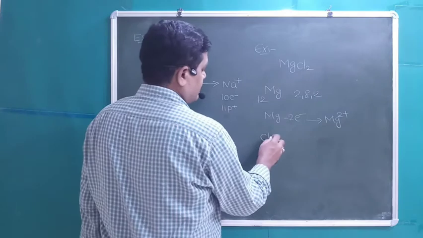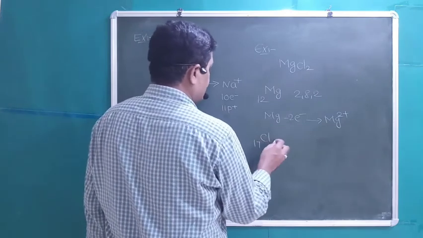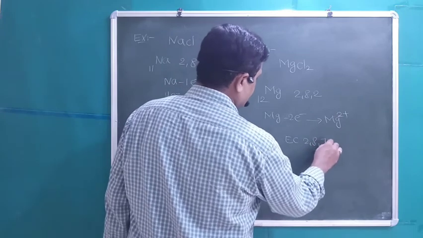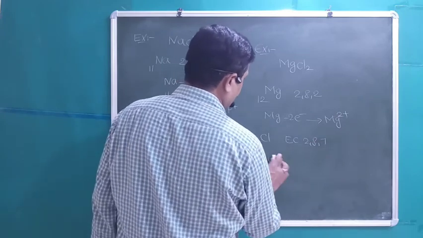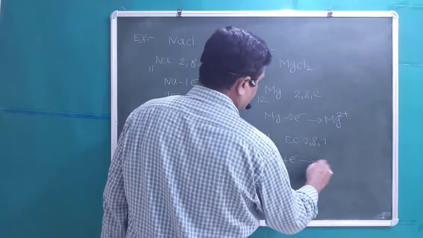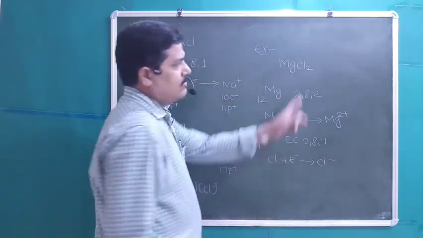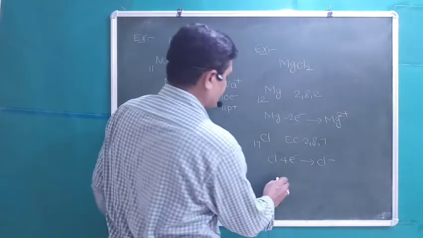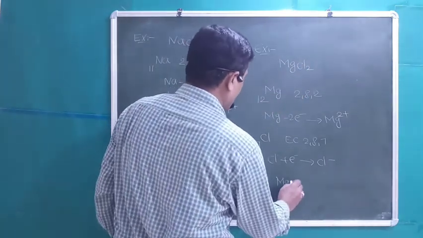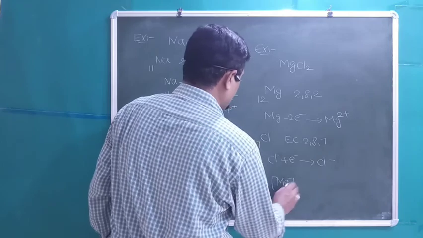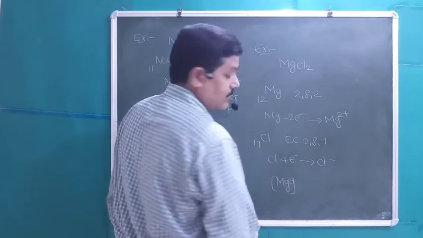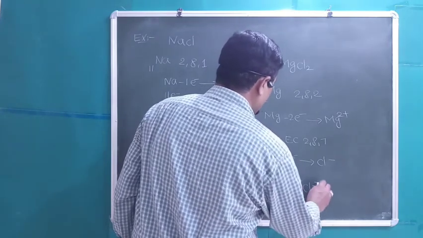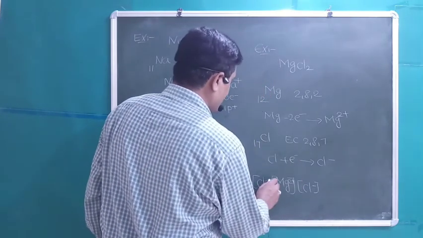Then chlorine, atomic number 17, electronic configuration 2, 8, 7, will gain 1 electron and convert into Cl minus. How many Cl minus ions are there? 2 Cl minus ions are there. So strong electrostatic attraction is present between Mg2 plus and the 2 Cl minus ions in MgCl2.